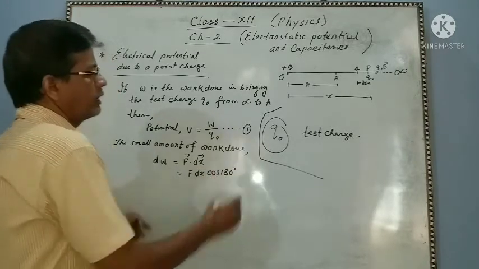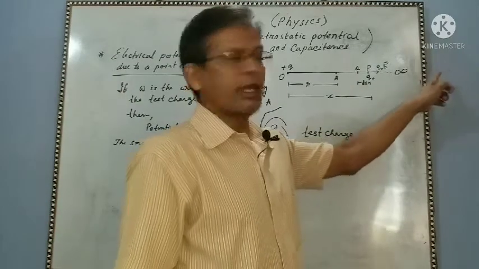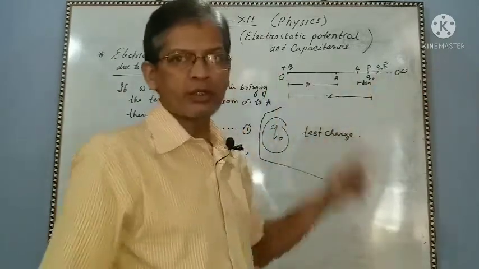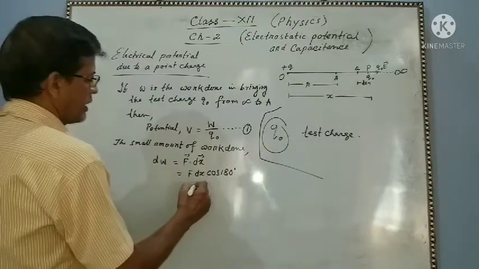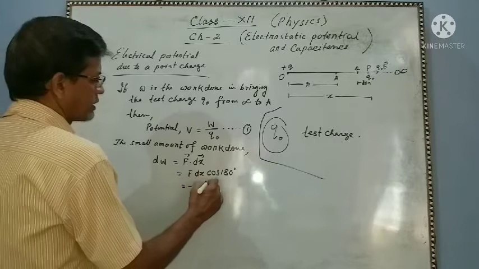Why 180 degree? The force is in this direction and the displacement is in this direction, so there is an angle of 180 degree. So this is minus F dx.